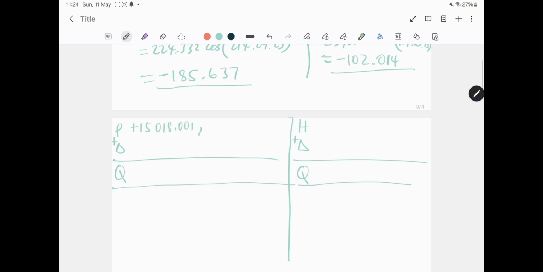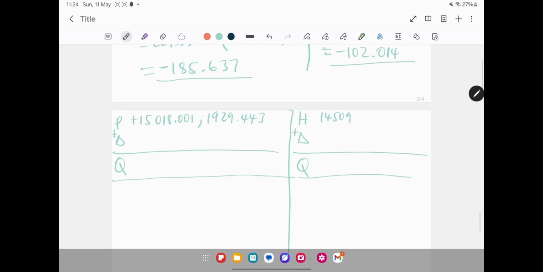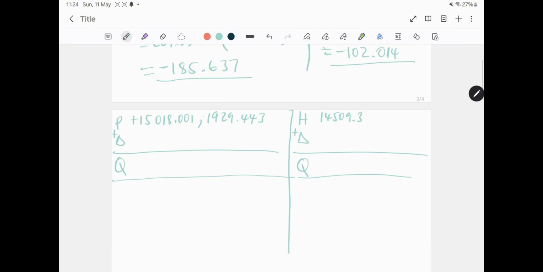So now looking at the coordinates of point P, we had 15,018,001.2 and 1929,443. The coordinates of H are 14,509.432.2 and 1845,849. So now we come and write our changes.